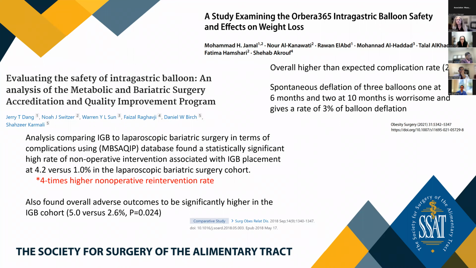Reintervention was anything from early removal to need for diagnostic endoscopy due to persistent symptoms, the need for placement of an IVC filter, percutaneous drainage, and other interventions because of nausea and vomiting.